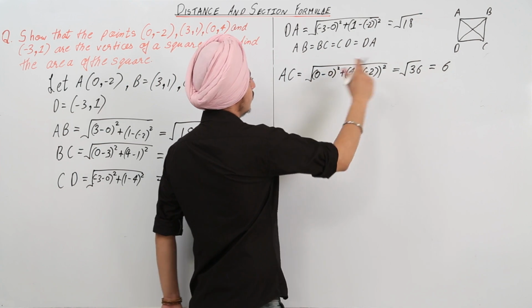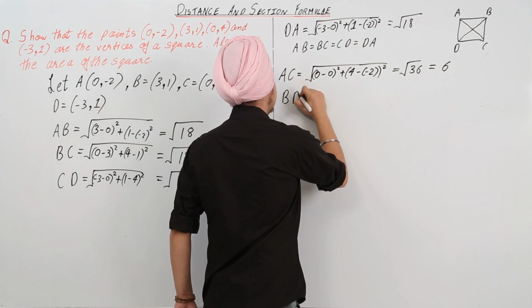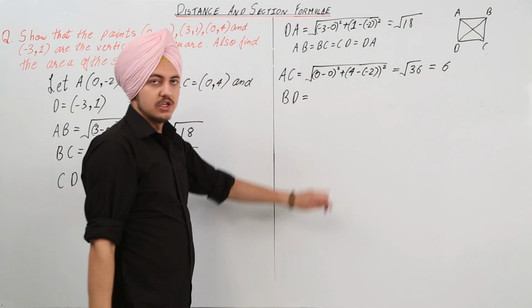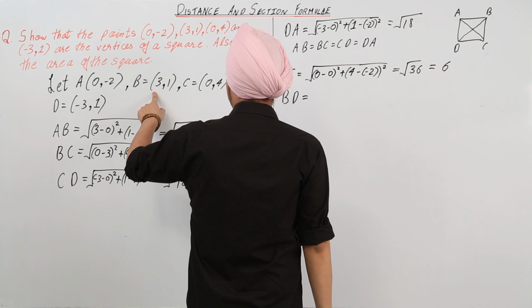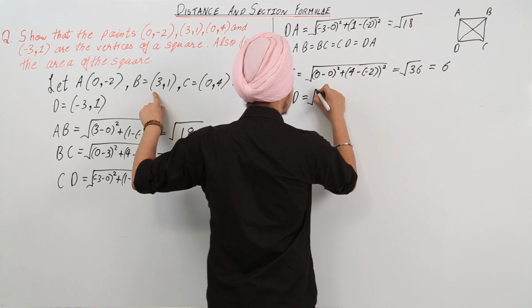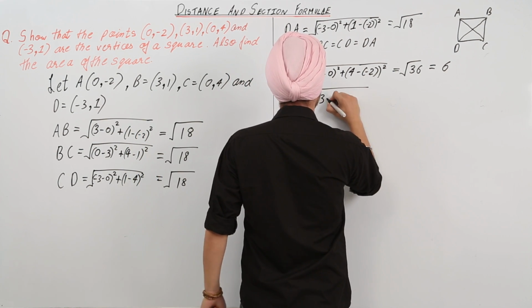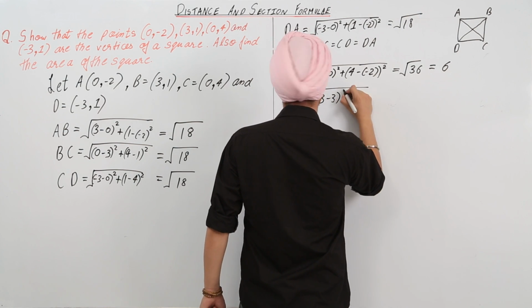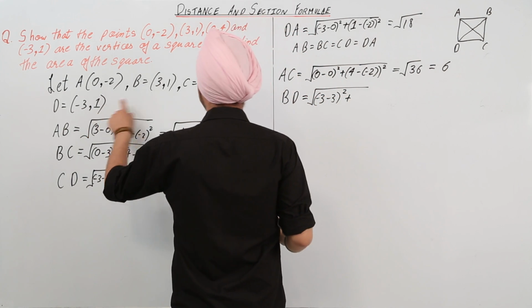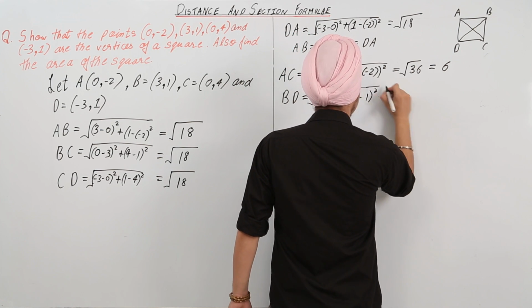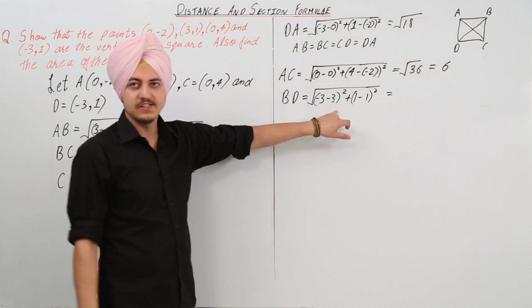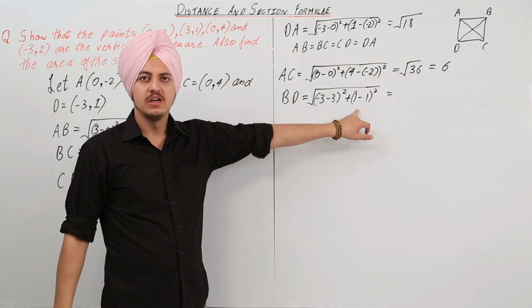Next we have to find out the length of BD, that is the other diagonal. So the length of BD would be found by the square root of (-3 minus 3) whole square plus (1 minus 1) whole square. So this is equal to minus 6 whole square plus 0.